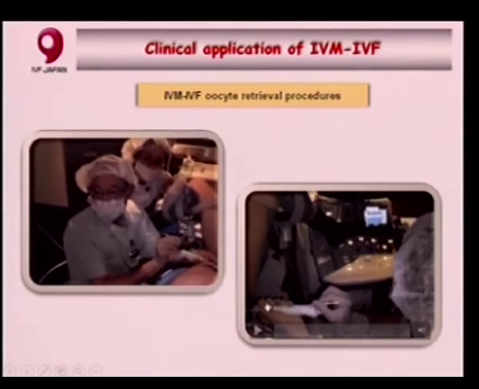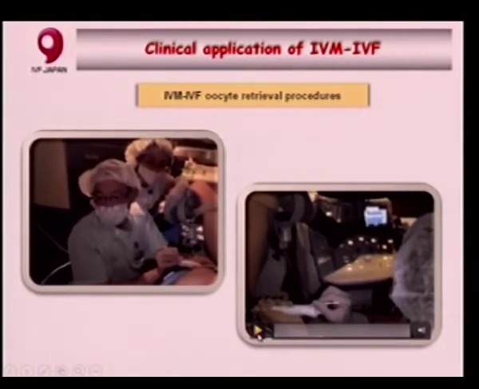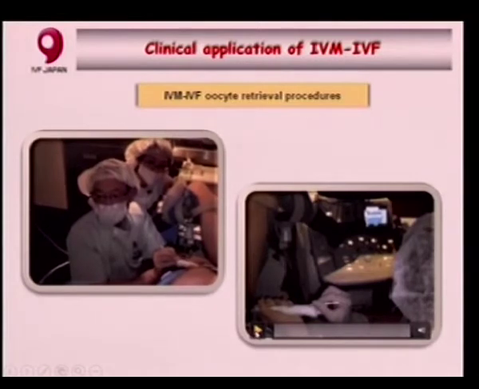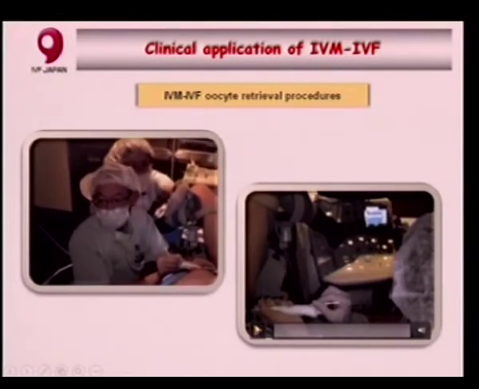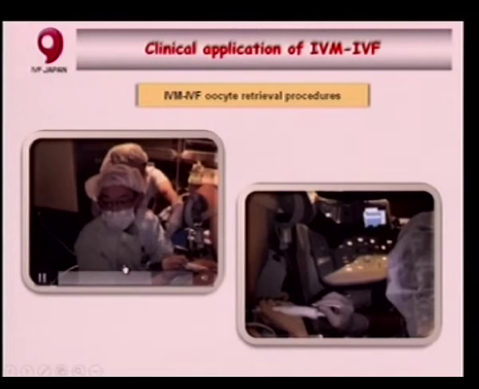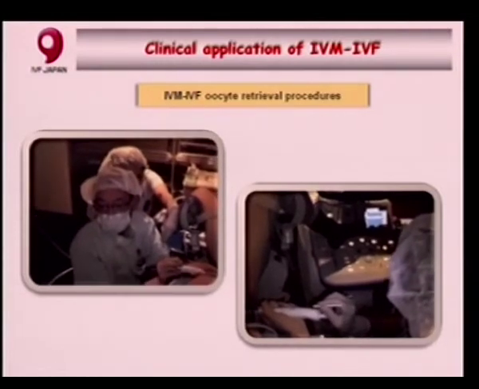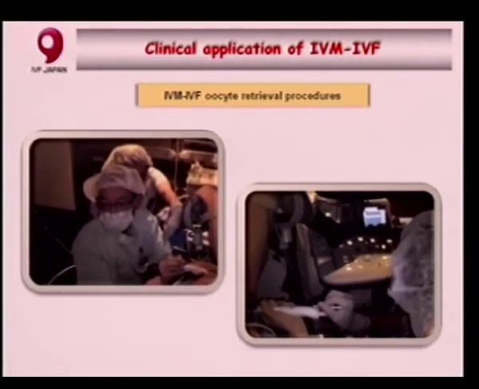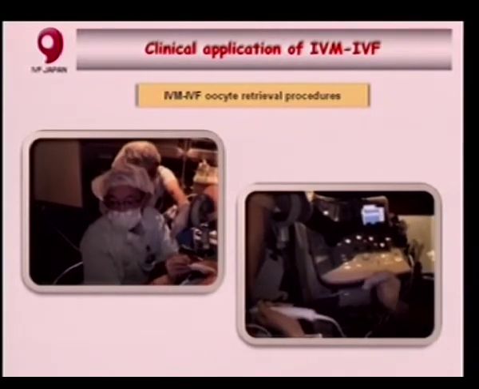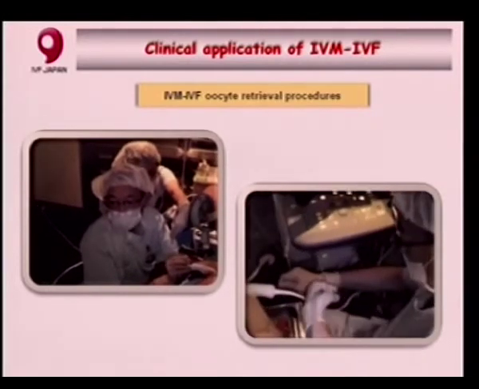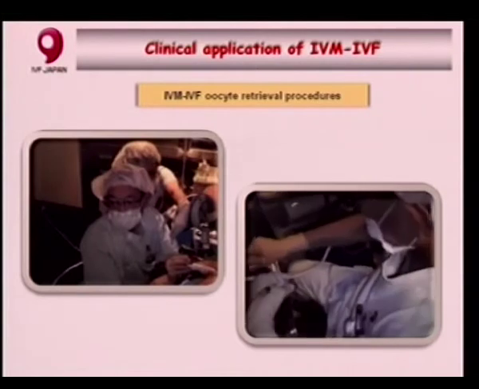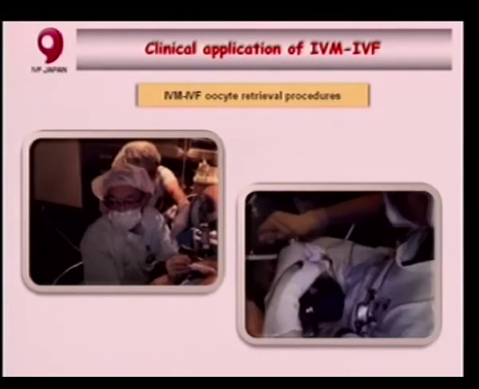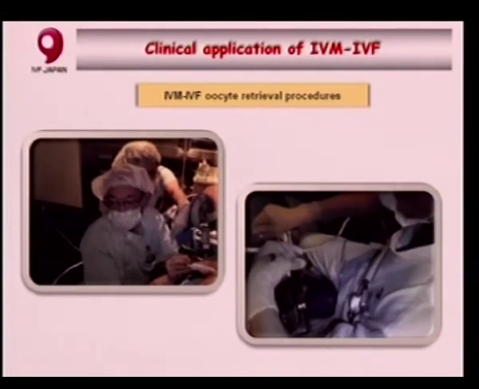There's the monitor on this side, and we puncture a little bit just by snap, and then rotate the needle, like this way. Then flush the needle each time, otherwise a blood clot will get stuck in the needle.